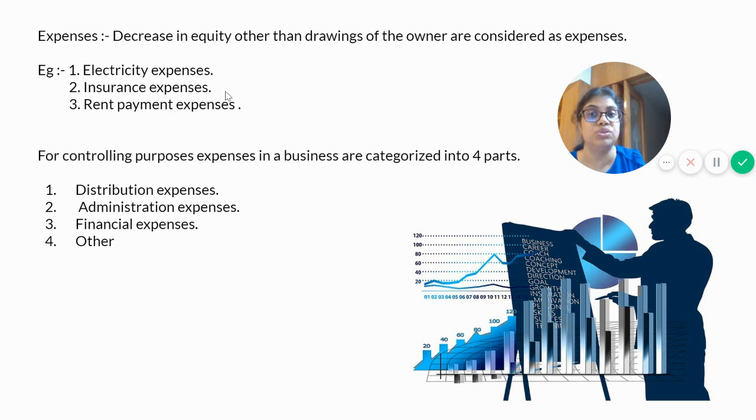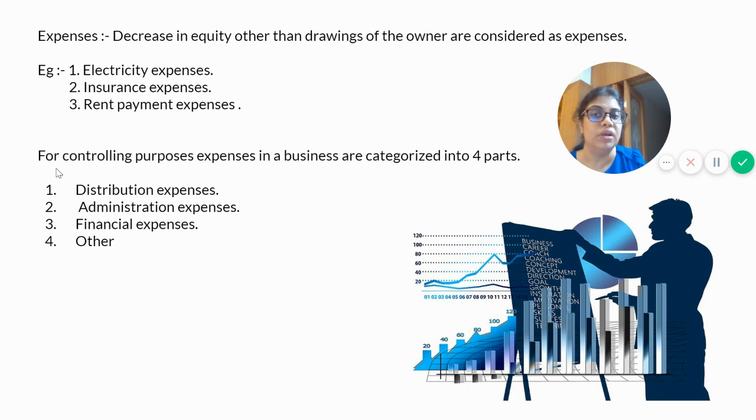So like that, there can be so many expenses, like telephone expenses, advertising, operational staff salaries, administration expenses, distribution vehicle depreciation, bad debts, so many, which we will come across as we proceed with the lesson.